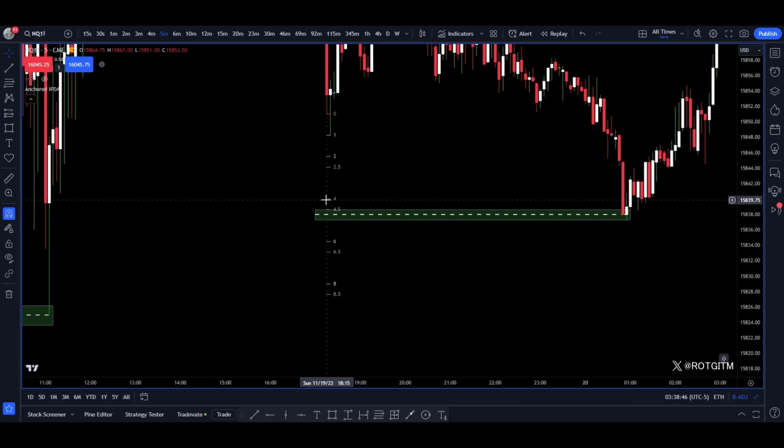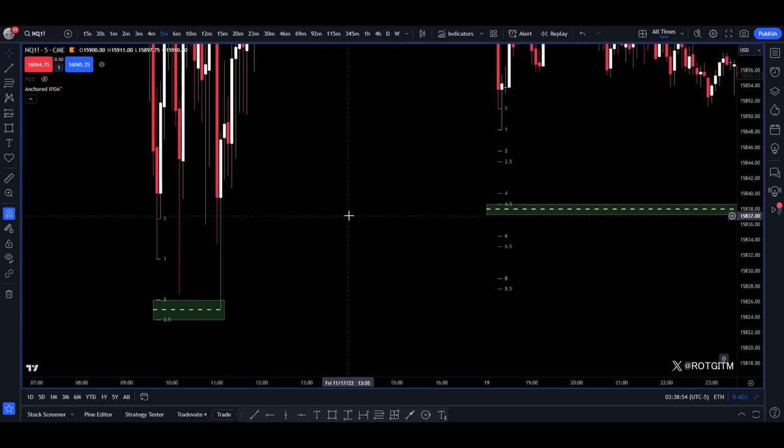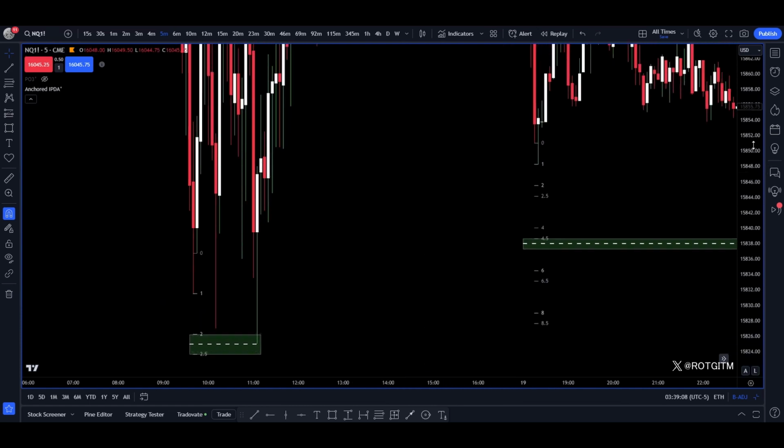Pick a box, draw it over, hit it. But what significant point over here was it going to? Because you look over here, there's nothing really there for it to be like, okay, I'm gonna stop here, like a consequent encroachment or mean threshold of a block or anything like that. There's nothing there.